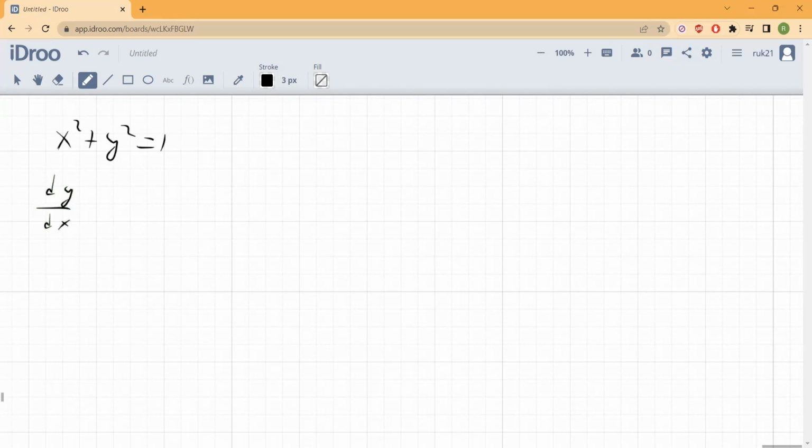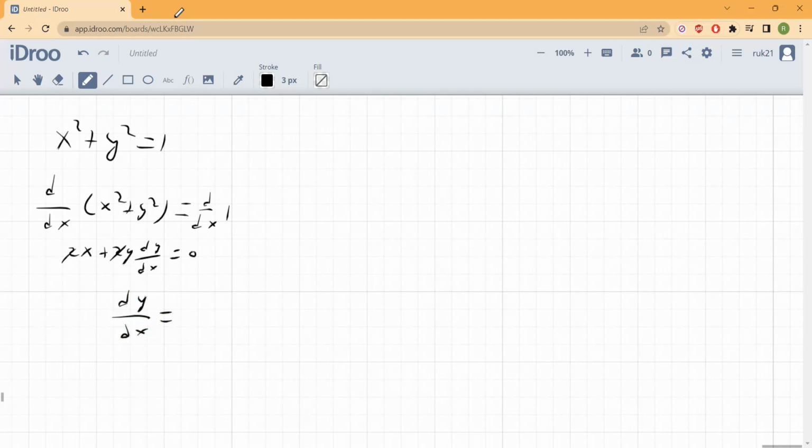So d over dx of x squared plus y squared equals d over dx of 1, and this is just going to be 0. So we're going to get 2x plus 2y, chain it to dy dx equals 0. We're going to simplify the 2's. We're going to get dy over dx equals negative x over y.